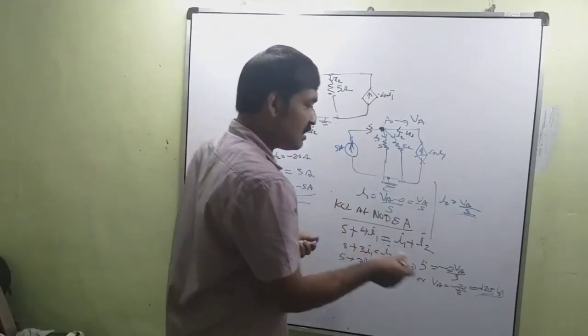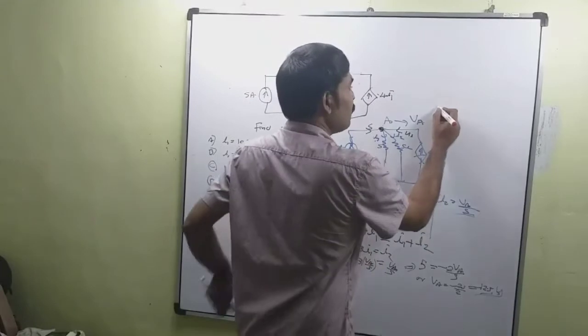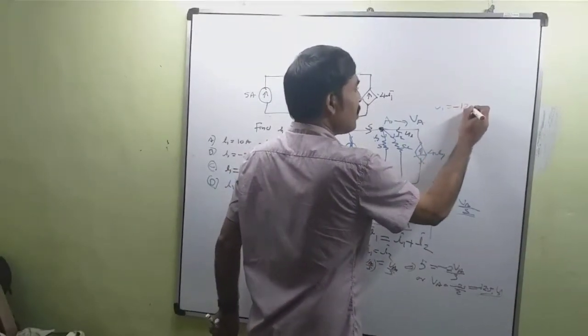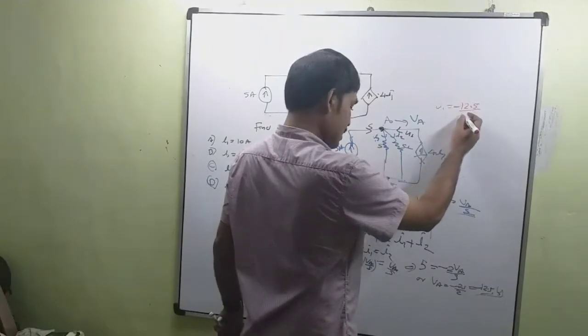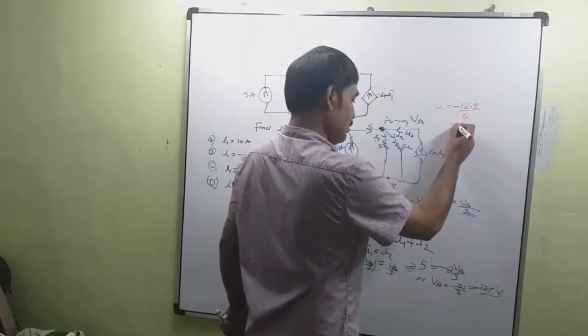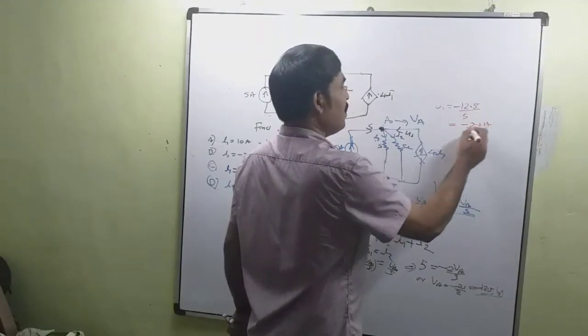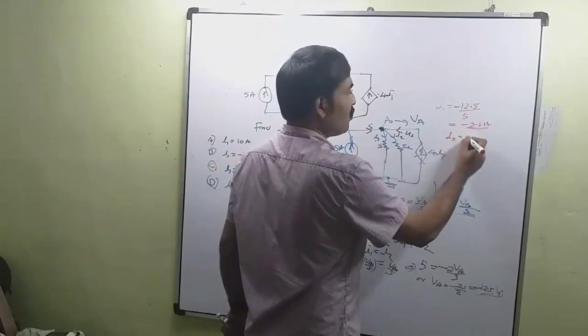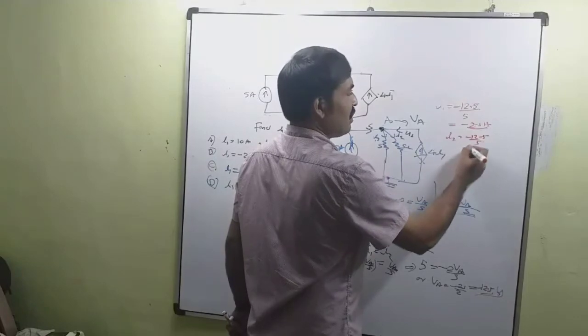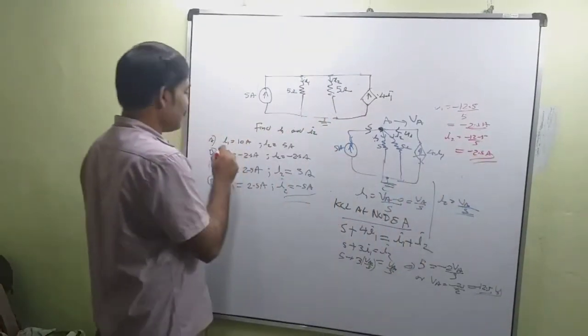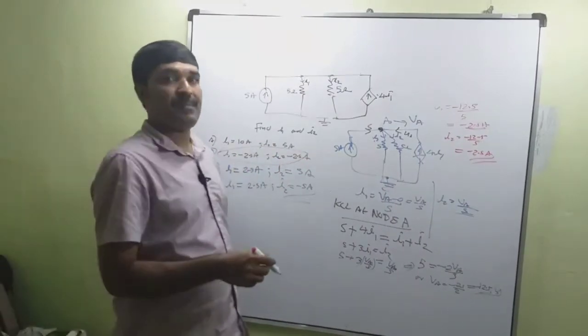VA is minus 12.5. Therefore, I1 is equal to minus 12.5 divided by 5. That is equal to minus 2.5 ampere. And similarly, I2 is equal to minus 12.5 by 5. That is equal to minus 2.5 ampere. So the answer is option B.